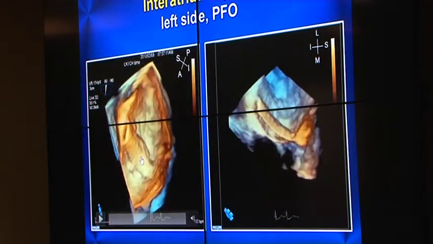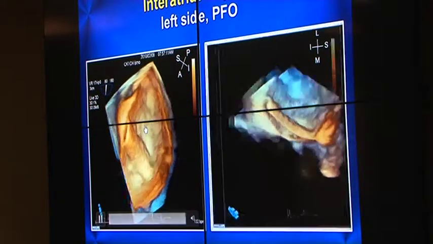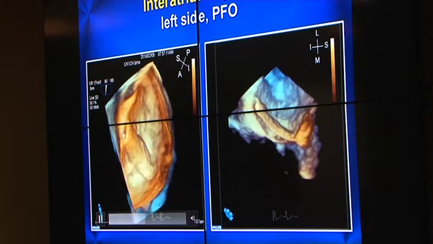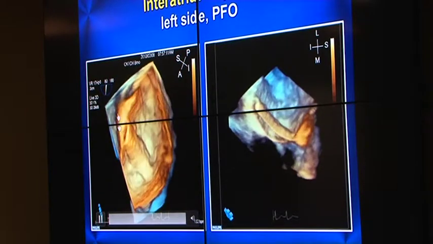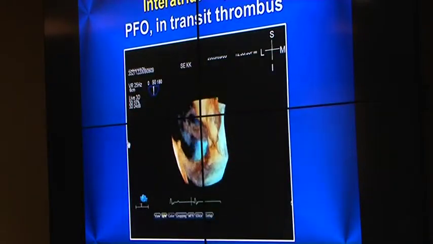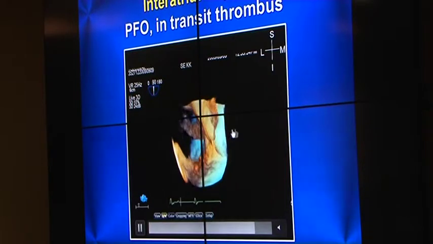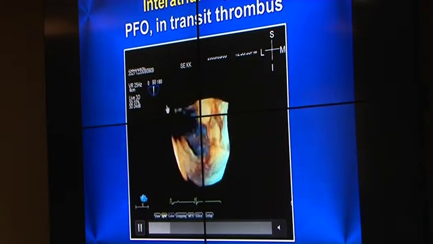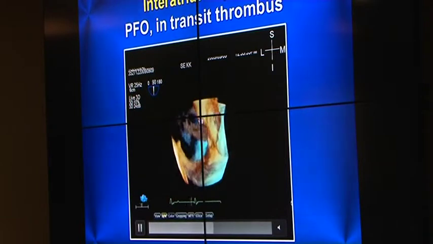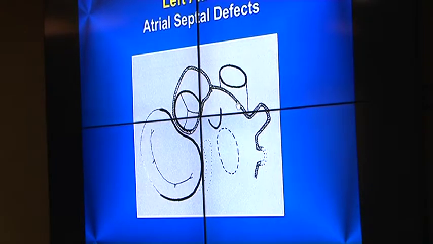And sometimes when the overlap of the two septa, the primum and the secundum, looks like a strudel, we can detect a long channel which might be open on the right side or closed. And if it is open, of course, it has got a potential for embolization, and for example, an in-transit thrombus can pass through this patent foramen ovale and cause systemic embolization.